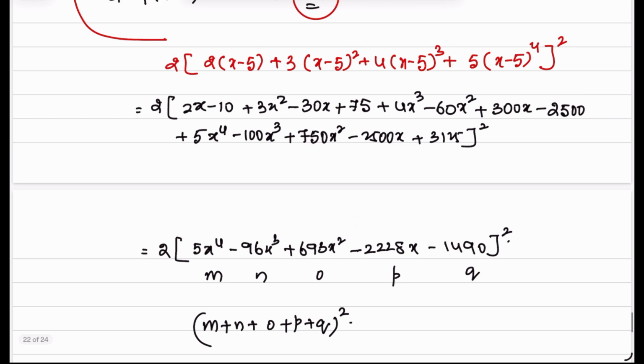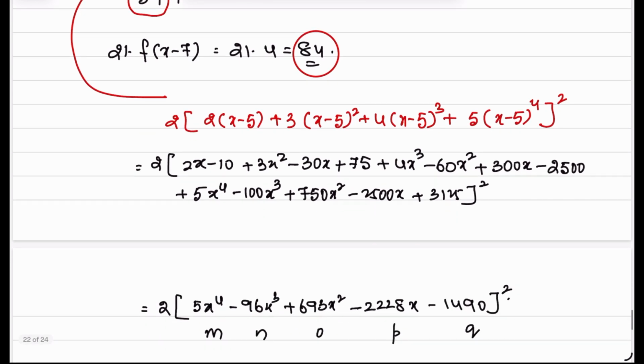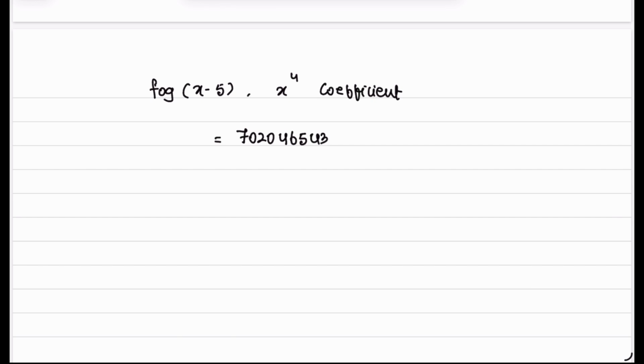The final answer is for this: for x minus 5, the x to the power of 4 coefficient is equal to 7020, 4653, 46543, 894277.